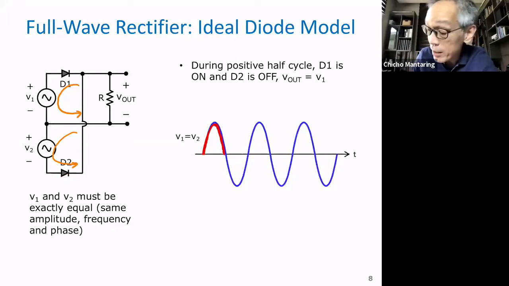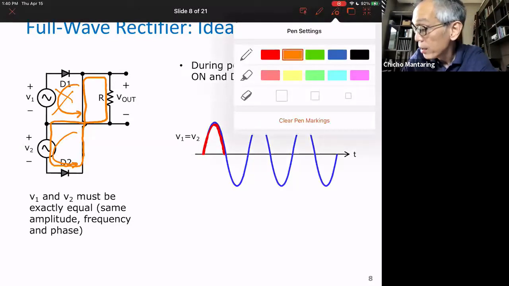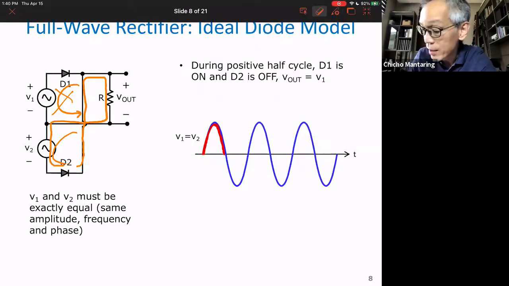Where does your current flow? This one has no current. It will not flow here. So the current will go up this way, go down this way, and come back down this way. Let me show that more clearly.